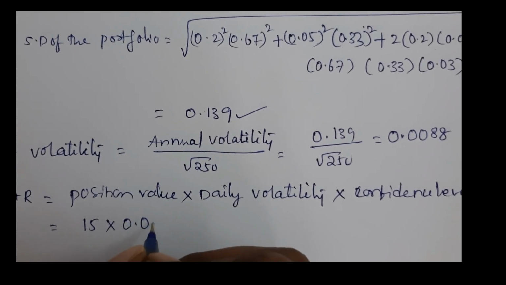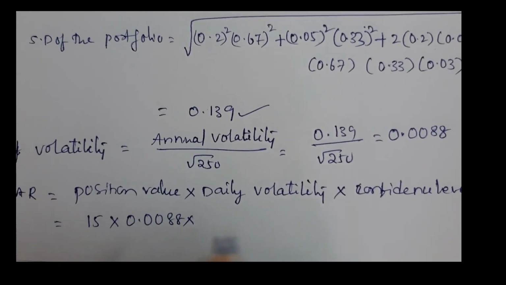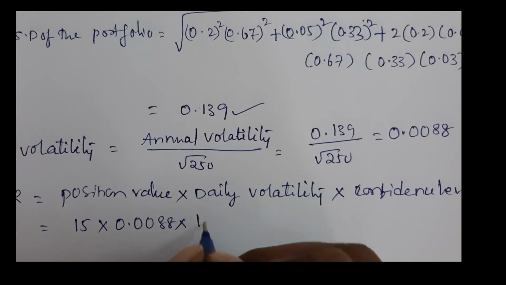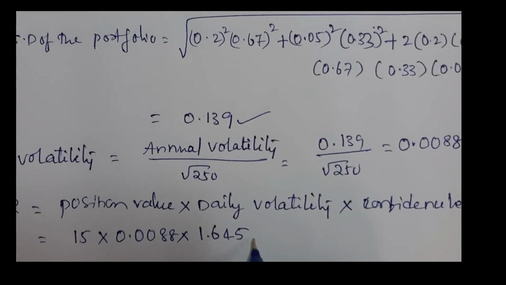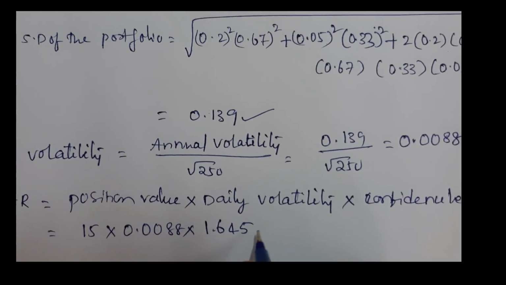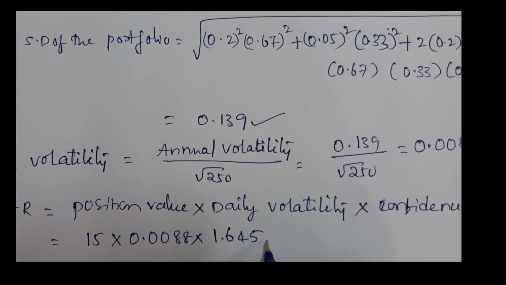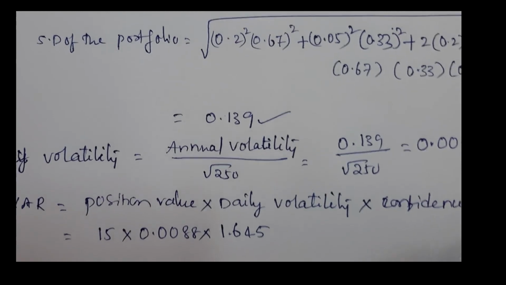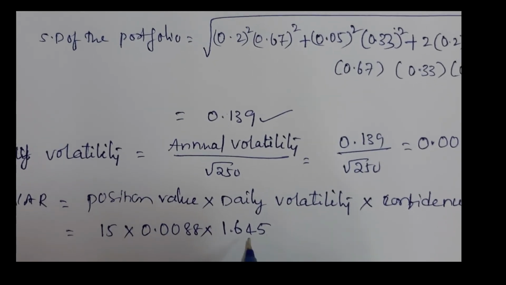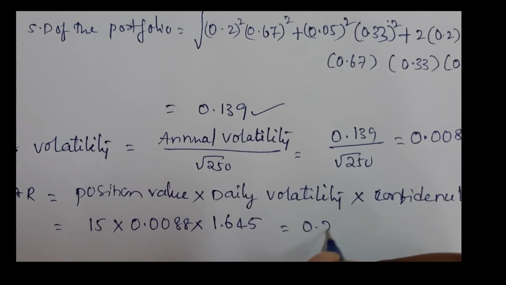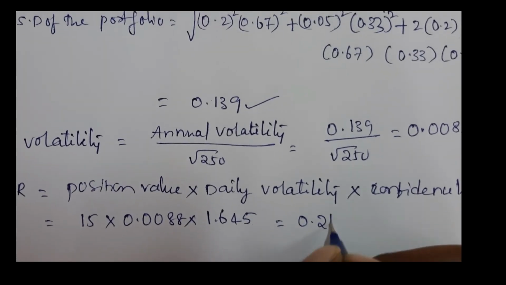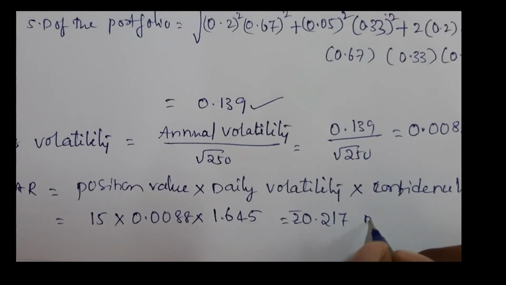We got 0.0088 into confidence level Z value is going to be 1.645. So if confidence level is not given in the sum, then we can assume it is 95% confidence level, and there the Z value will be 1.645. And if we solve this, we will get 0.217 million rupees.